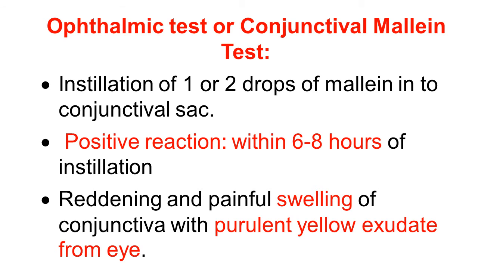If the animal is positive, it shows a positive reaction within 6 to 8 hours, very quick. The positive reaction is reddening of the conjunctiva and clear-cut painful swelling of the conjunctiva. We can see it from a distance, with a purulent yellow exudate from the eye. In a negative animal, there is no swelling, no such reaction. So this is a very quick field test.